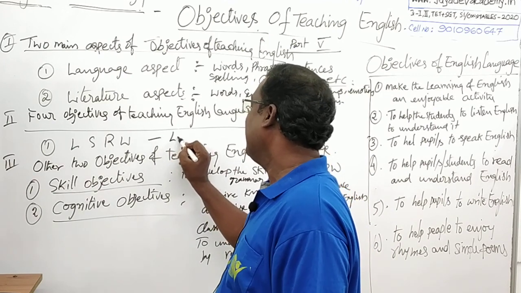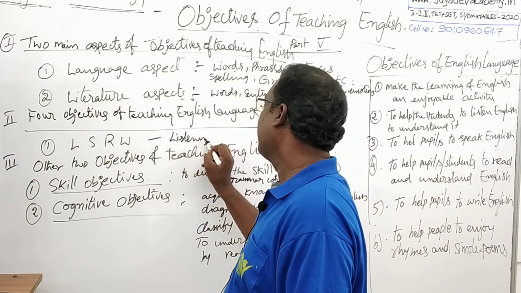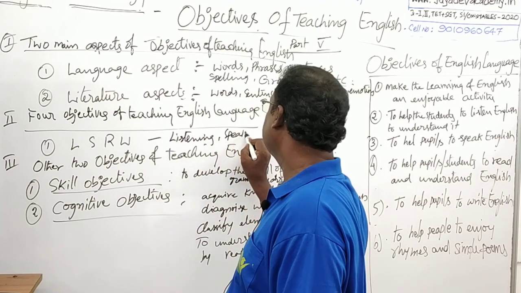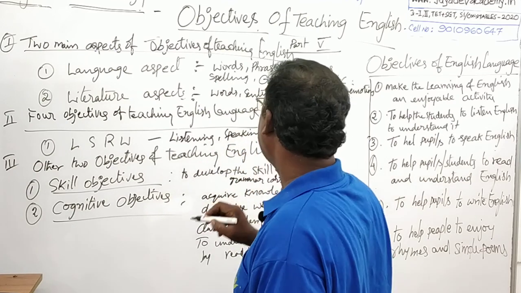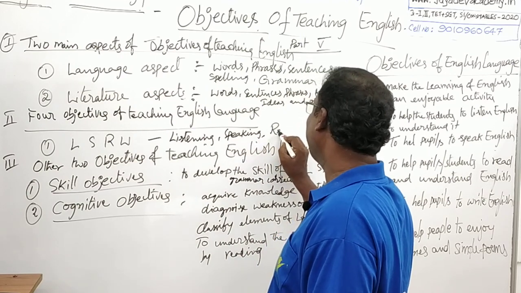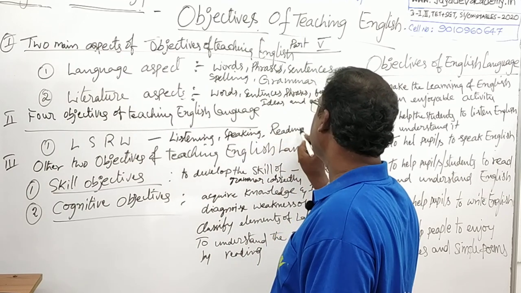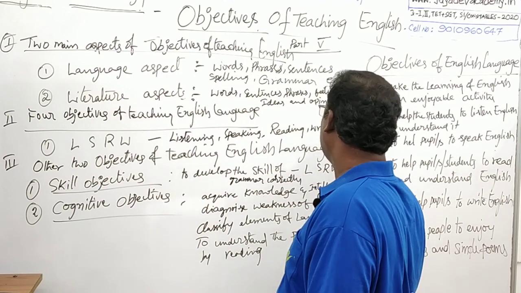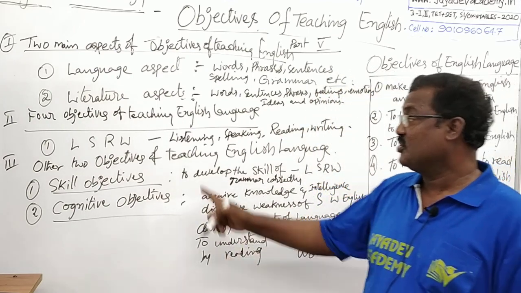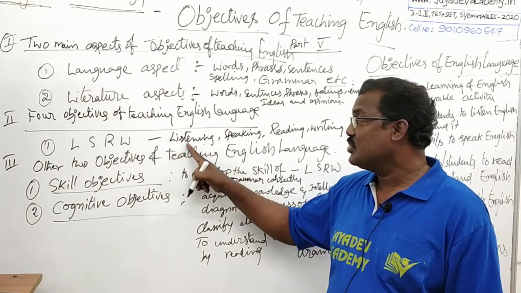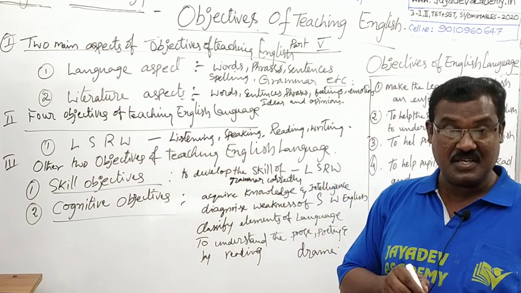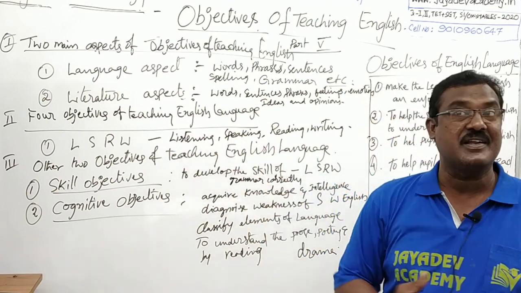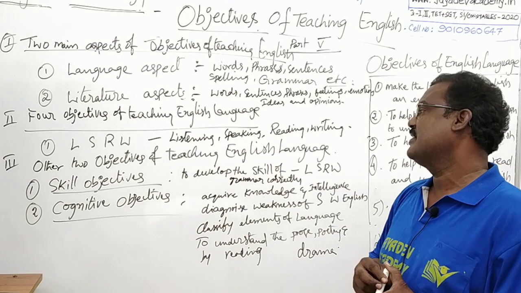L stands for listening. S stands for speaking. R stands for reading. And W stands for writing. So, every student should be in a position to listen to the English language taught by the teacher in an appropriate manner. Interest we have to create.